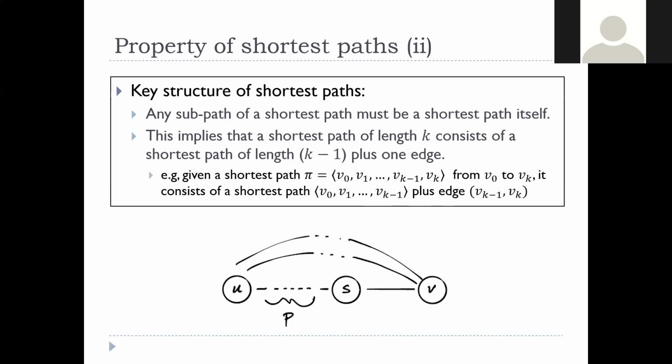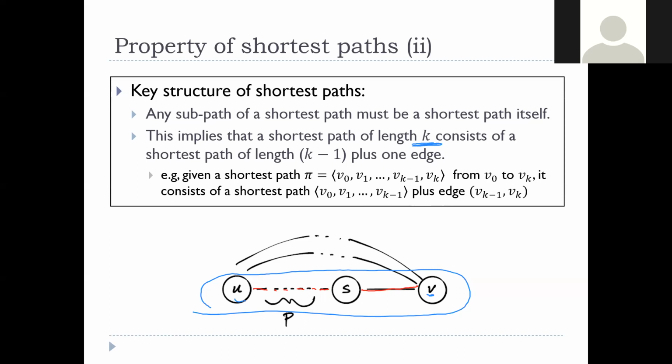What it says is that if you have a shortest path, suppose the shortest path going from U to V takes K steps, has length K. Let me draw, so suppose this is my shortest path and has K steps, okay? And S is my so-called predecessor along the shortest path.